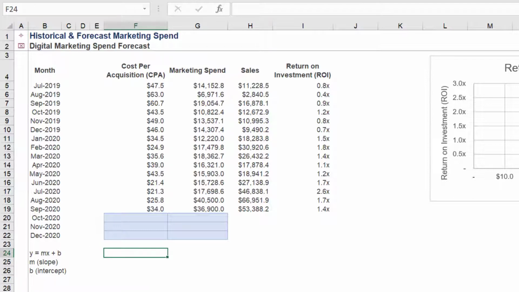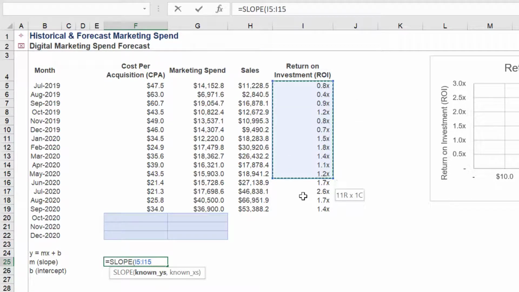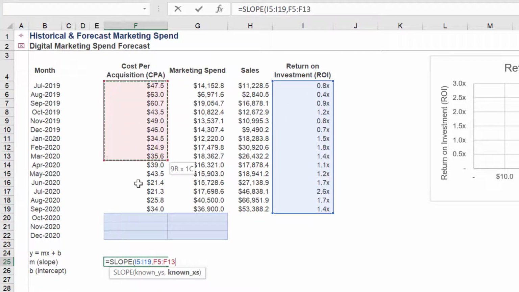First, the slope function is needed to return the slope of our known ROI and CPA numbers individually. As we can see, there are diminishing returns with sales or ROI as our CPA increases. Hence, the slope is negative in this example.